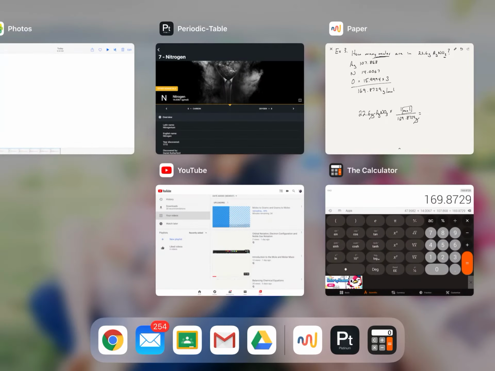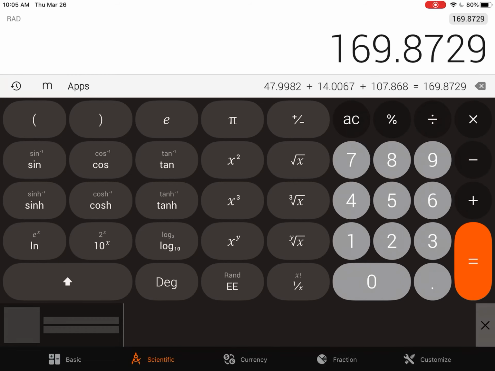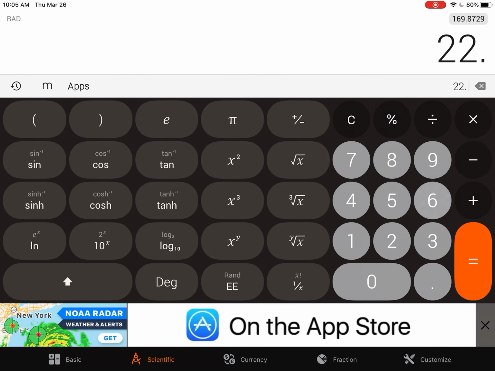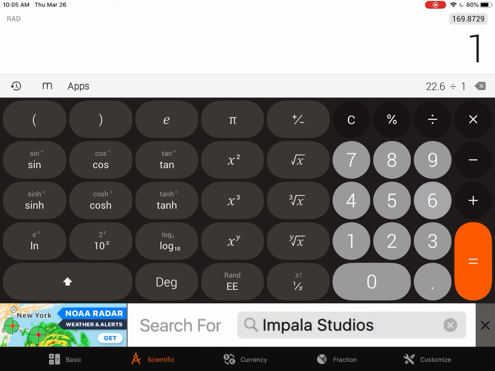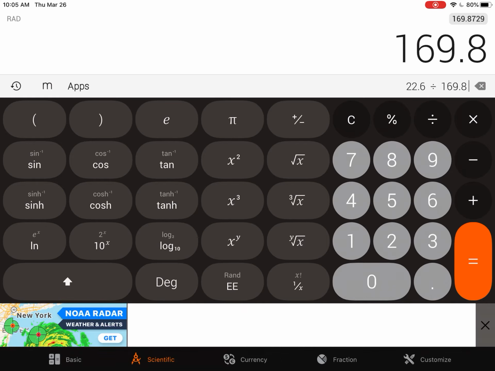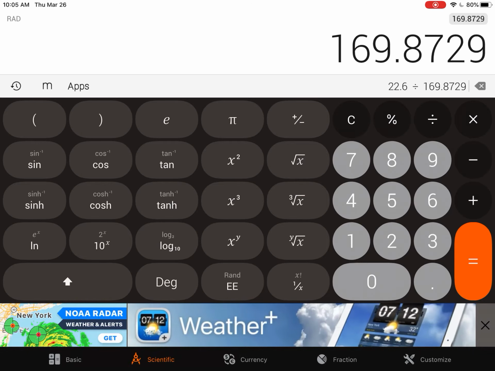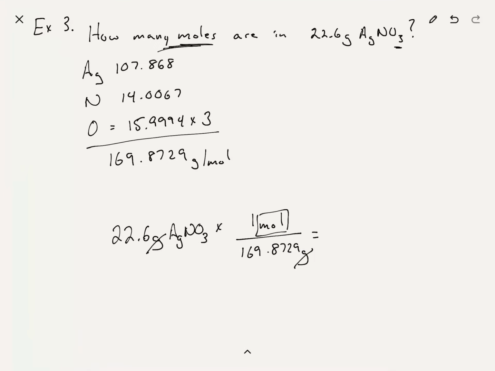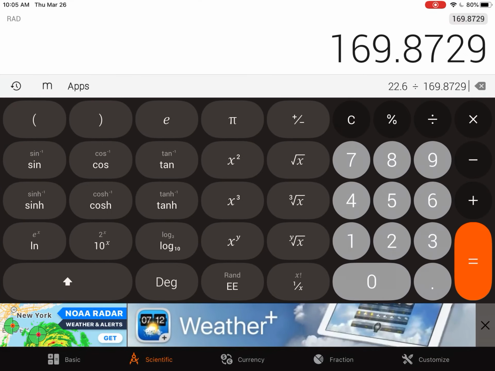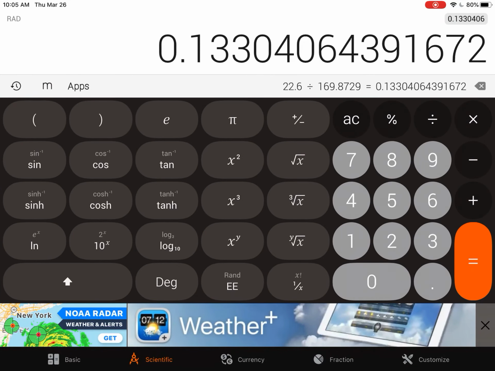So 22.6 divided by 169.8729, that's the right number, is going to equal 0.133040.